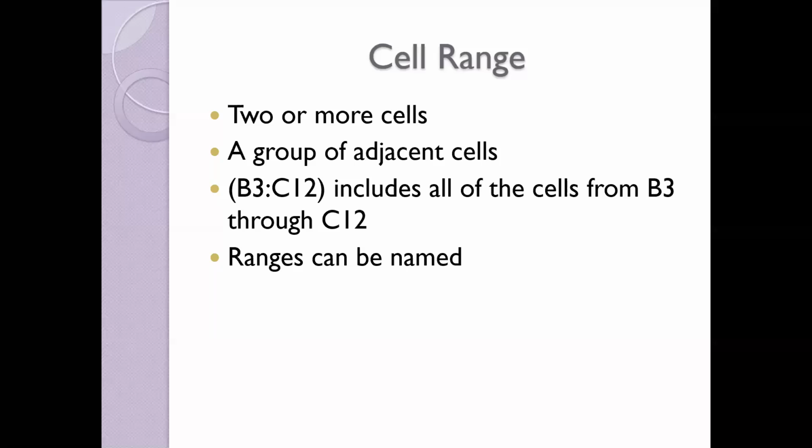Okay, no questions. Cell range, when we say cell range, it's just two or more cells, adjacent or non-adjacent. Adjacent means the cells are next to each other in a column. If they are not adjacent, just place a comma for the other cell address.